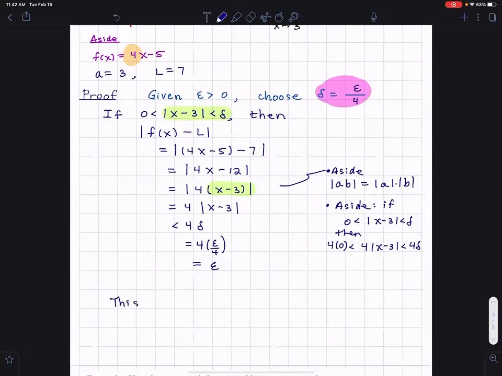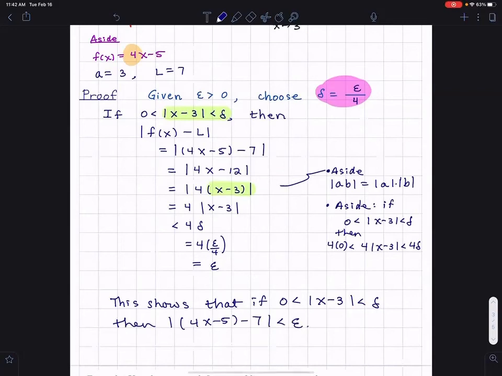This shows that if 0 is less than absolute value of x minus 3 is less than delta, then the absolute value of 4x minus 5 minus 7 is less than epsilon. I don't even like doing that. I would just leave that off and finish the proof above. It just makes it more stuff. I'll just put the box there. The box means I'm done with the problem.